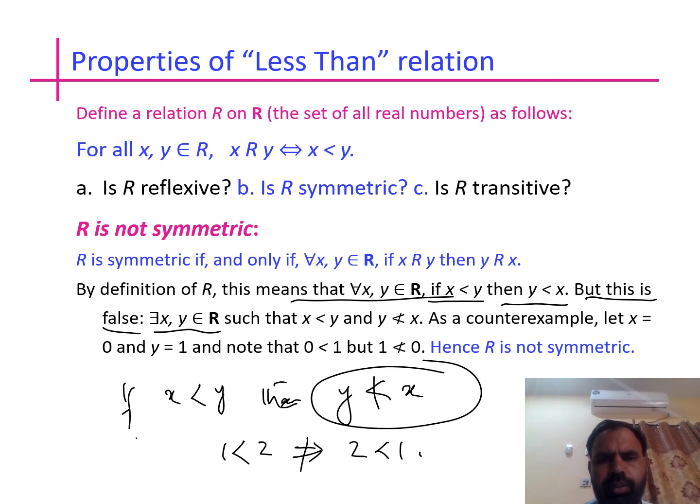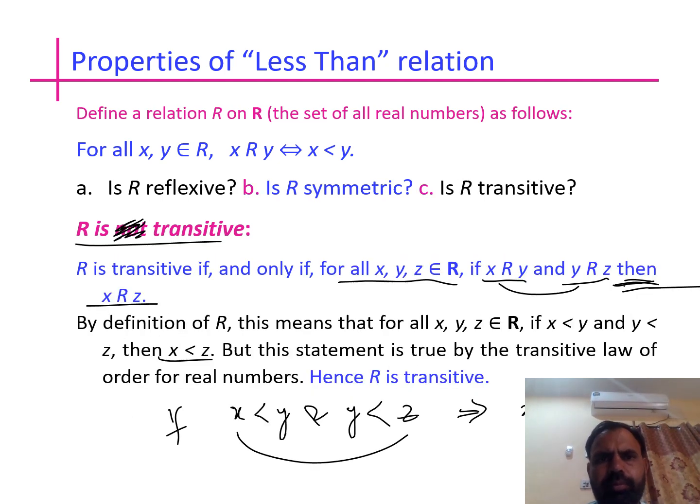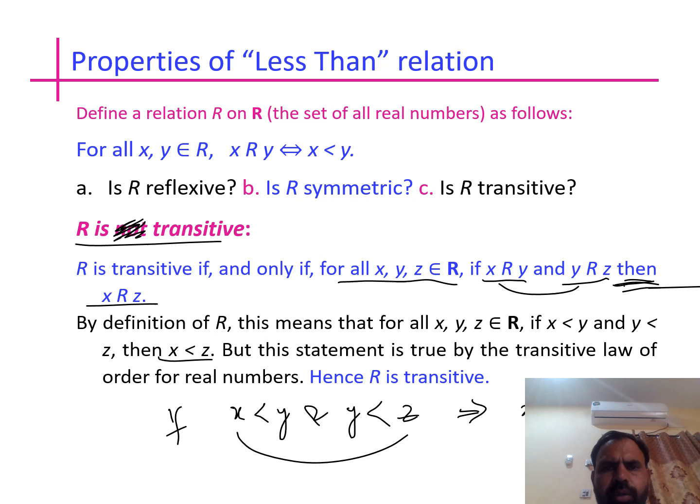If x is less than y, and we define a relation R on the set of real numbers as follows: for all x, y belonging to R, x is related to y if and only if x is less than y.